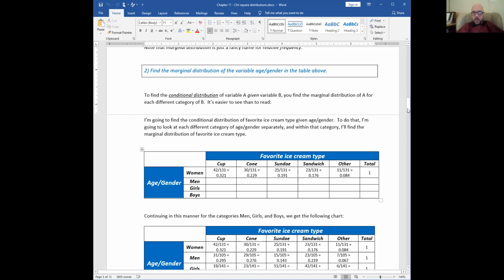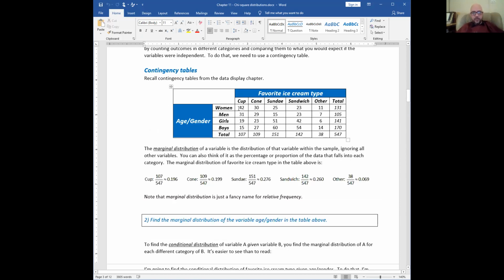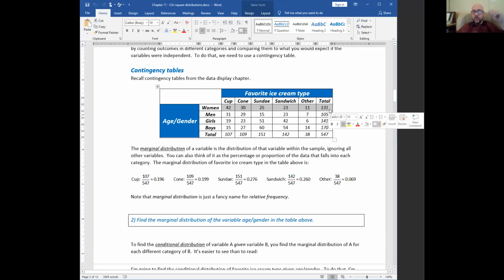So here's the thing. When we're working on women here, that's the data I've got. I'm ignoring all of this stuff right here, paying no attention to it whatsoever. We are looking only at the category of women, which means that our total is only 131, not 547.